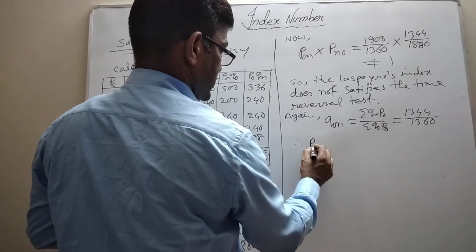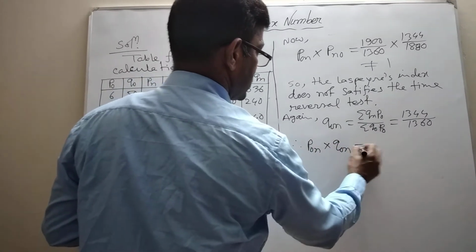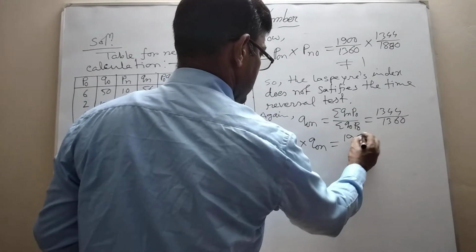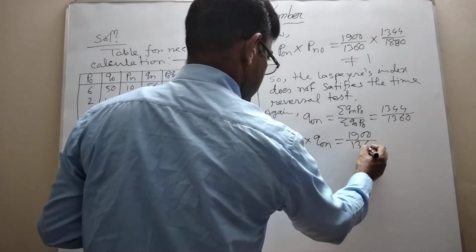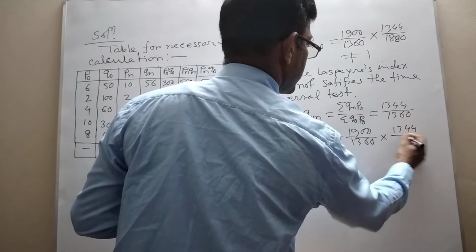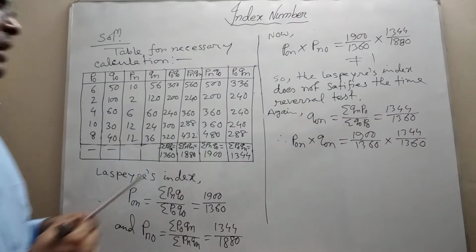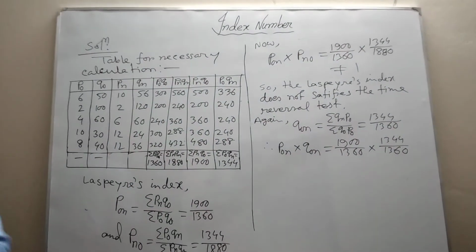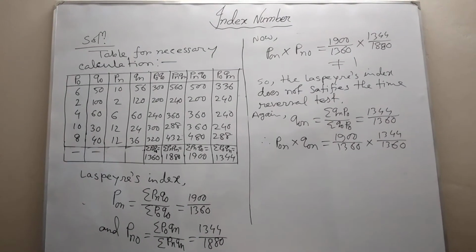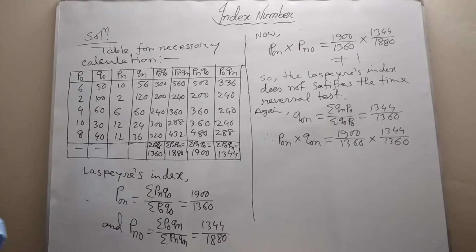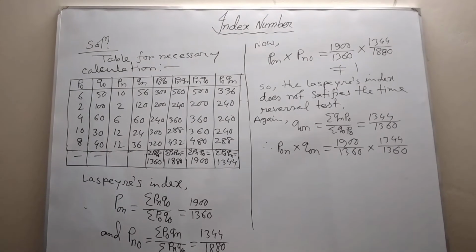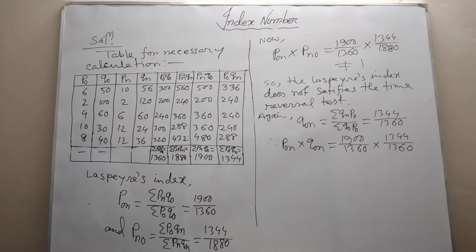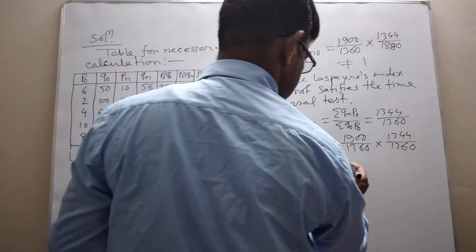So P01 multiplied by Q01 equals 1900 by 1360 multiplied by 1344 by 1360, equal to 2553600.